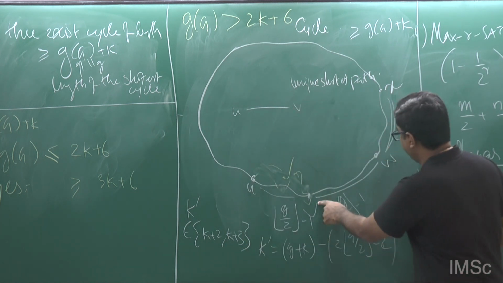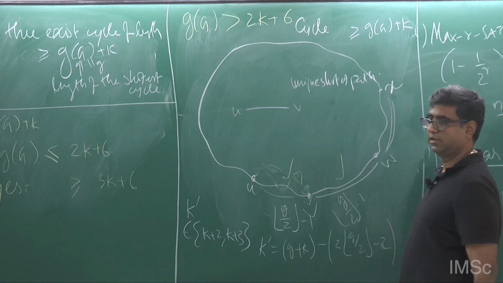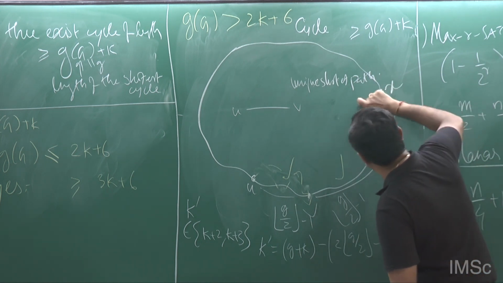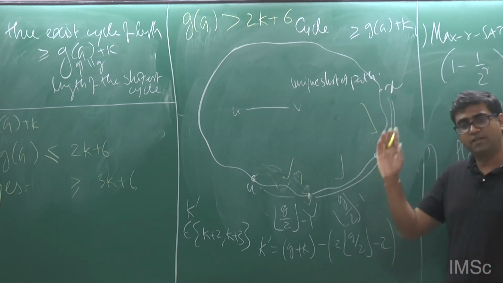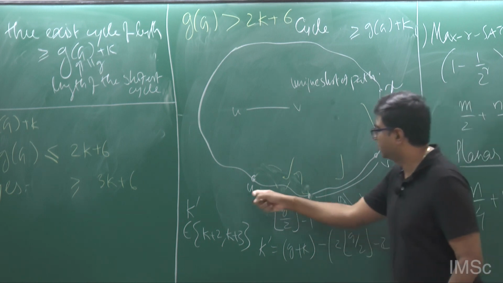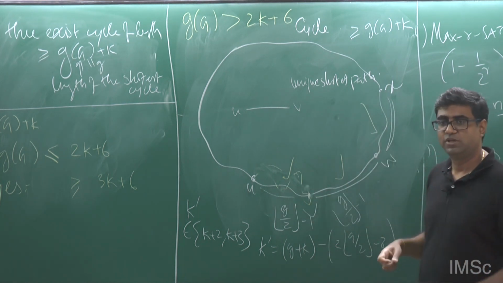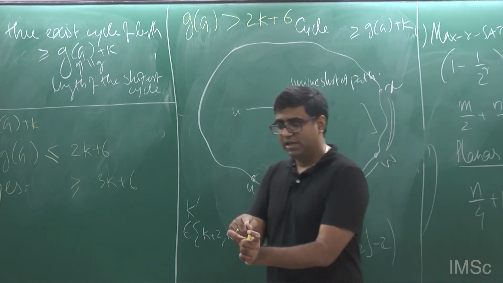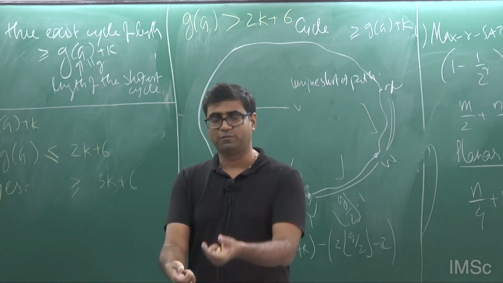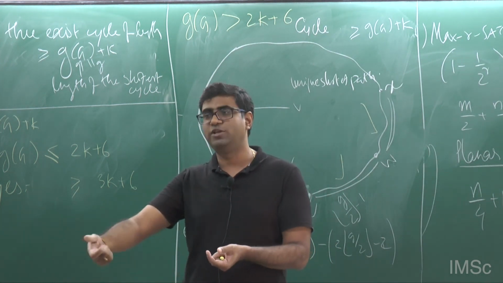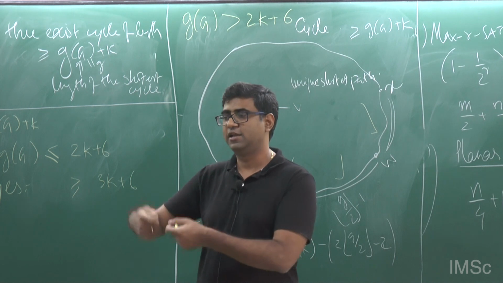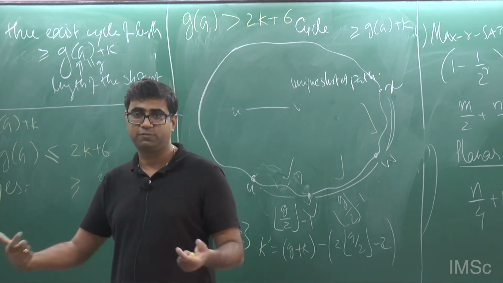I can argue the same with v and w, and also w and x. So if I look at this cycle, it has the property that there are vertices u, v, w and x such that from u to v there's a unique shortest path, take that. From v to w there's a unique shortest path, take that. From w to x there's a unique shortest path, take that.